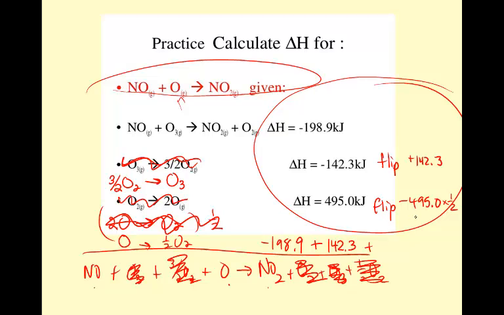And this one we flipped and divided by 2, so that gives us negative 247.5 kilojoules. And so now if I add all this together, I get negative 303.2 kilojoules. All right, so this is the delta H for this reaction.